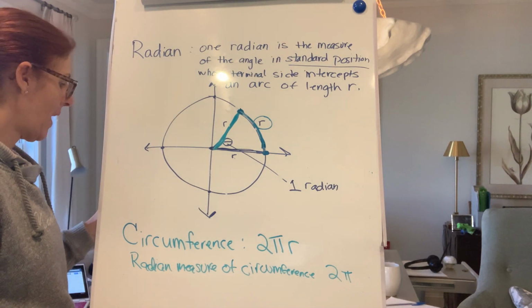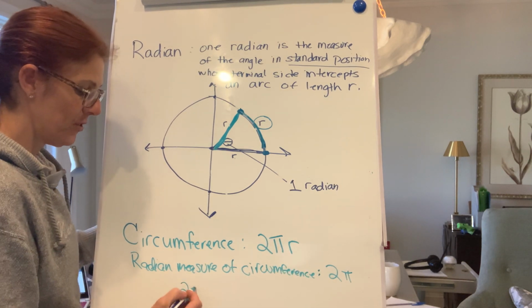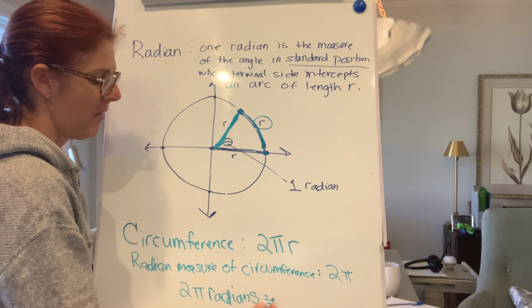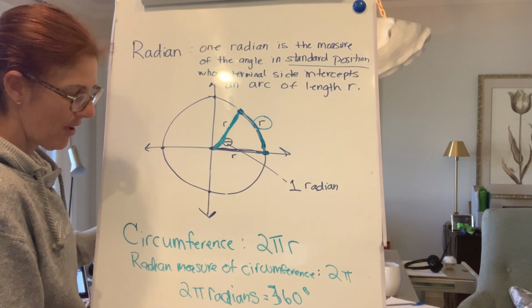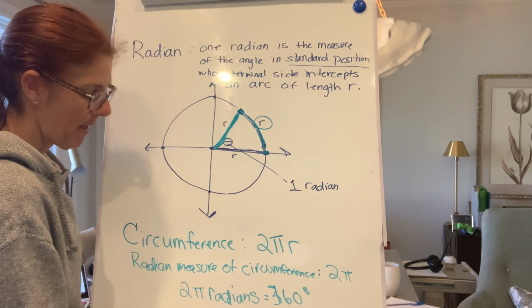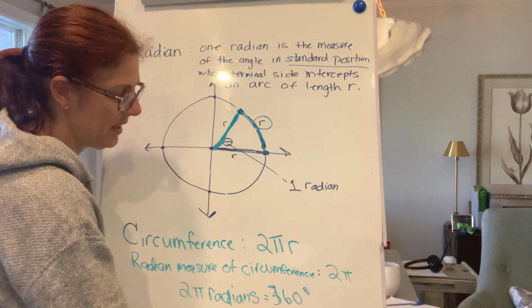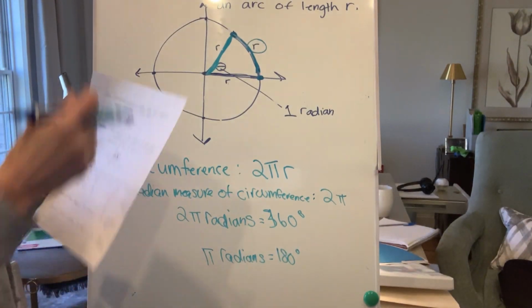So there are 2 pi radians in a circle. All right, so if there's 2 pi radians in a circle, that's equal to 360 degrees. If I solve for pi, I get pi radians is equal to 180 degrees. Okay?